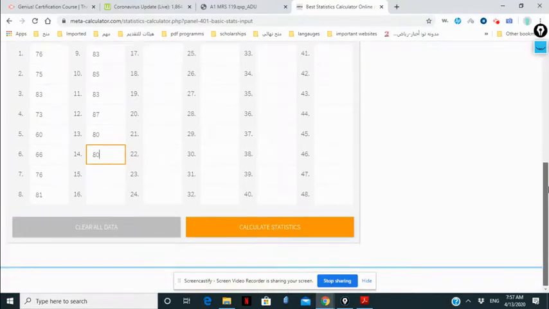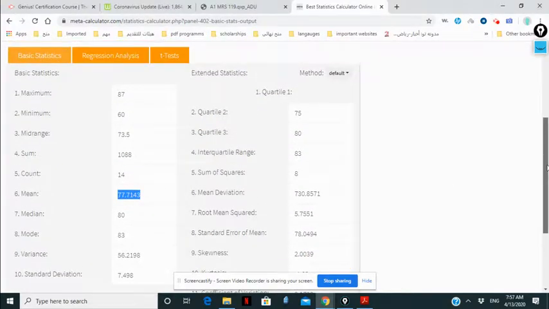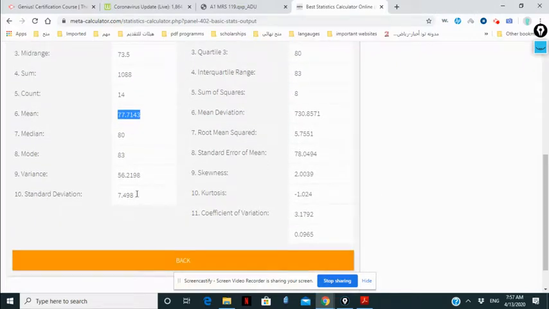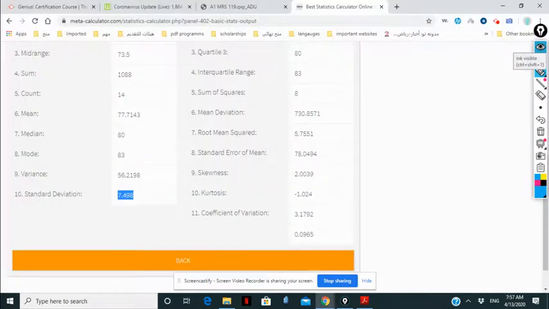Okay, and calculate statistics. So here I see the mean and all the values. Here the value for the standard deviation for the first one, I'm going to write it before I forget, it's 7.498.